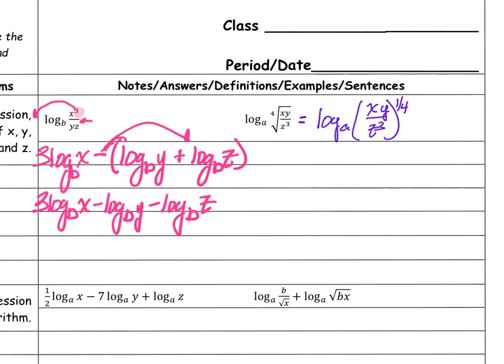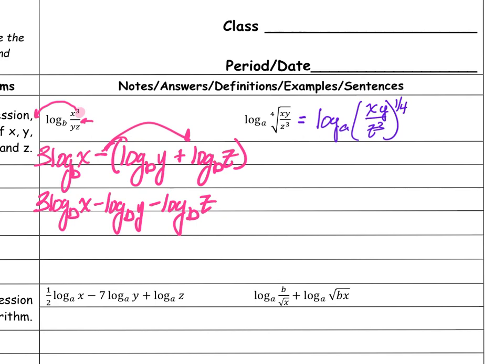Okay, that's great. Now I need to distribute. The 1/4 comes down in front. So I have 1/4 times log base a of x. That's a times, so that would be plus log base a of y minus, where does the exponent go? Down in front, good. 3 log base a of z.